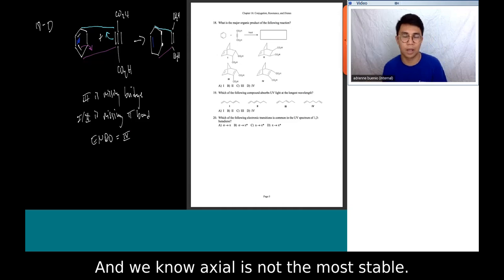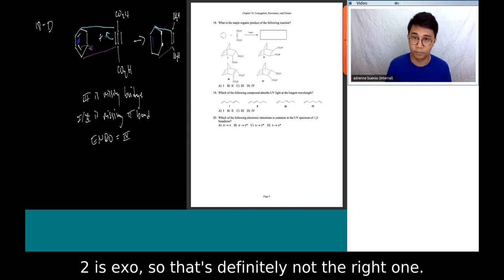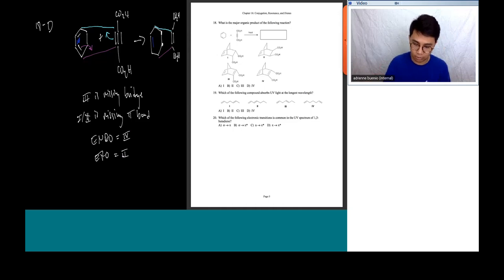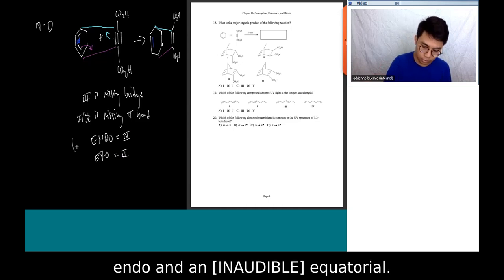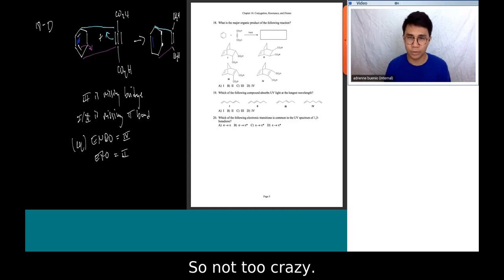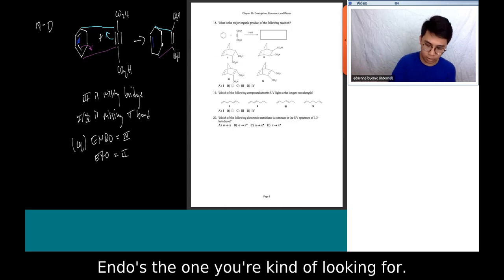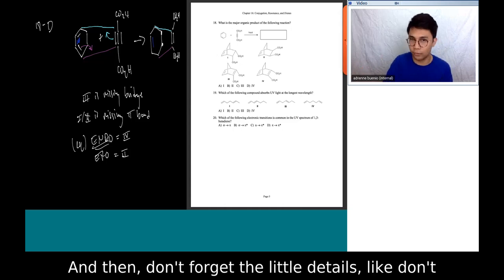And we know axial is not the most stable compared to 4, which has both equatorials, but it's still endo, right? 2 is exo, so that's definitely not the right one, right? So things like that, endo, and then I'm going to put here equatorial, right?